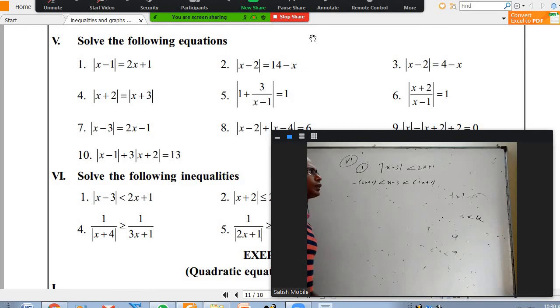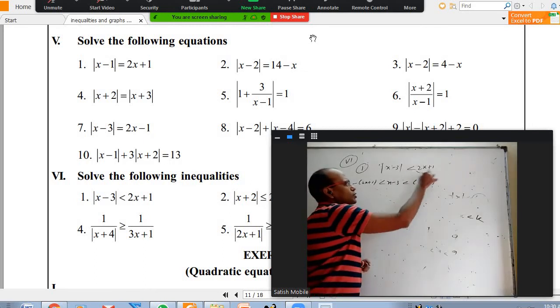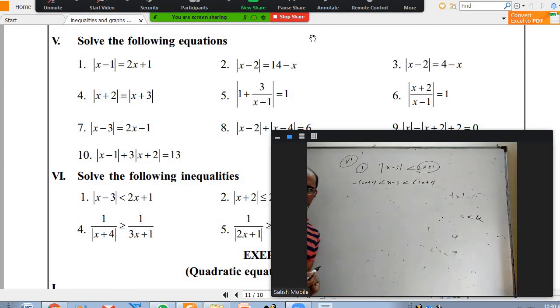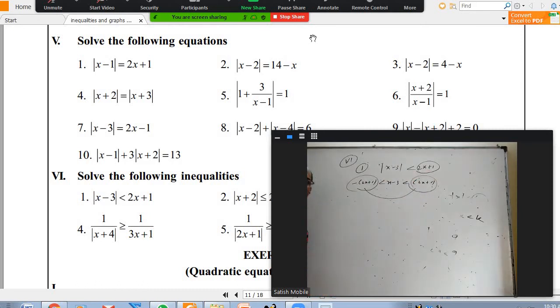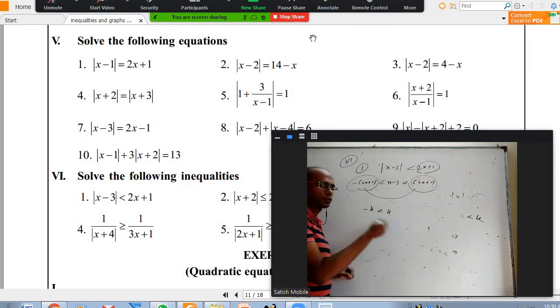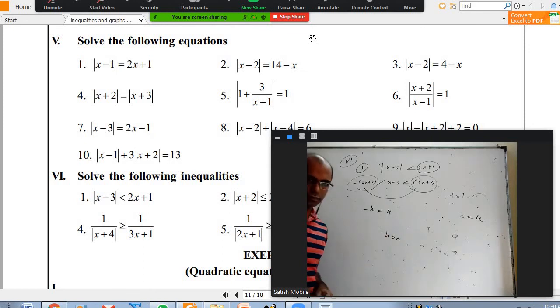This must be positive, but that is already included here. Why? If you want this to be less than this, that should be positive. In a way, it is included. So if somebody writes like this, they'll get the answer, even though they did not check that this should be positive, because it is built in here. This less than this means, if I say minus k less than k, does it mean k is positive or not? Yes, sir. So somebody can do it like this, nothing wrong.